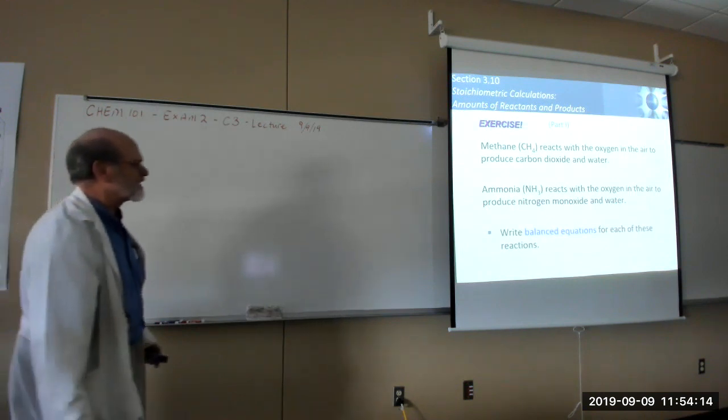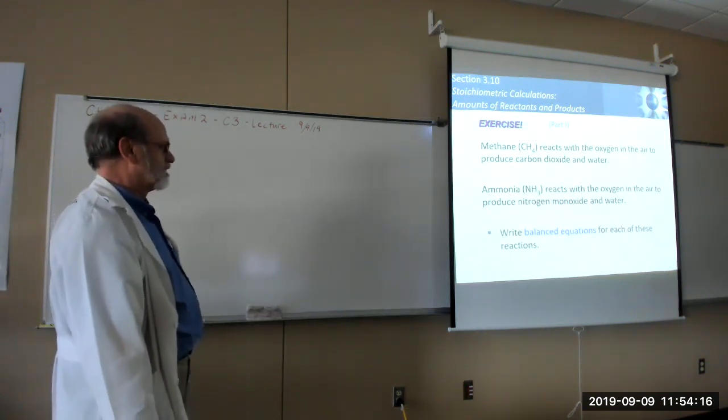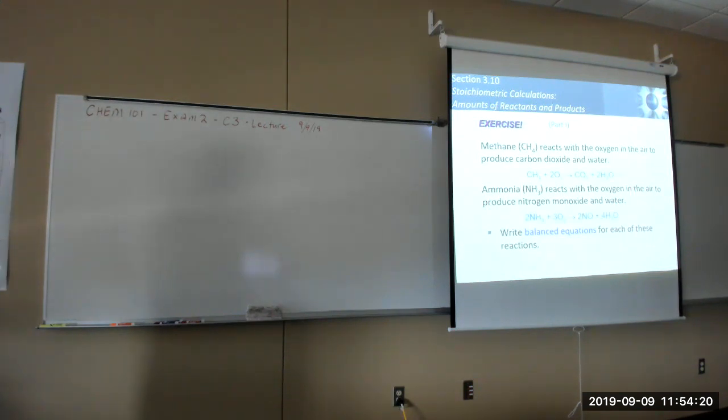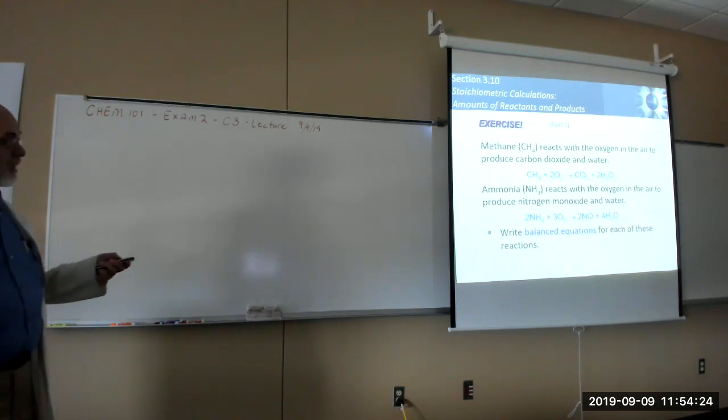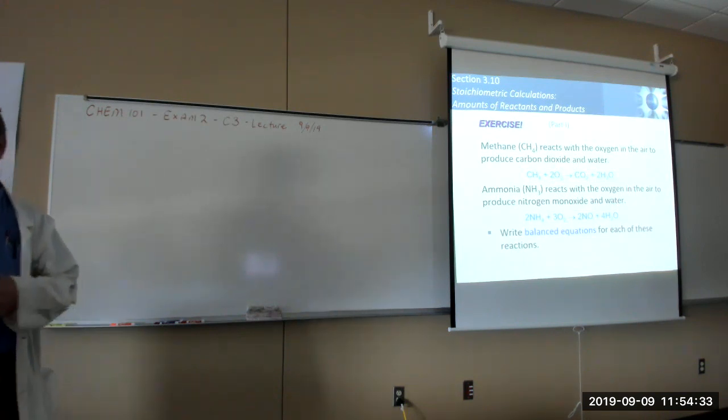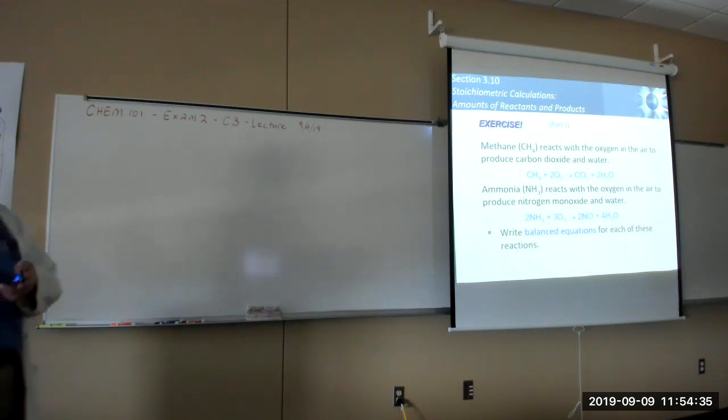Okay, let's see. We don't have time for this one, sorry. You need a balanced equation. Methane reacts with oxygen, so you have to know O2, and produces carbon dioxide and water. So you've got to be able to write the compounds.